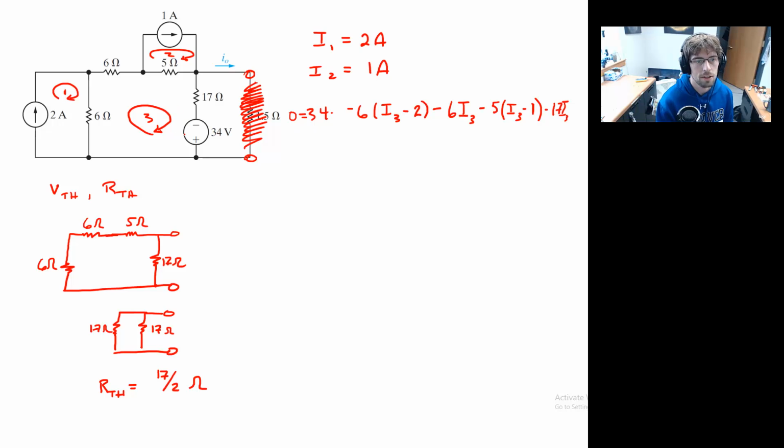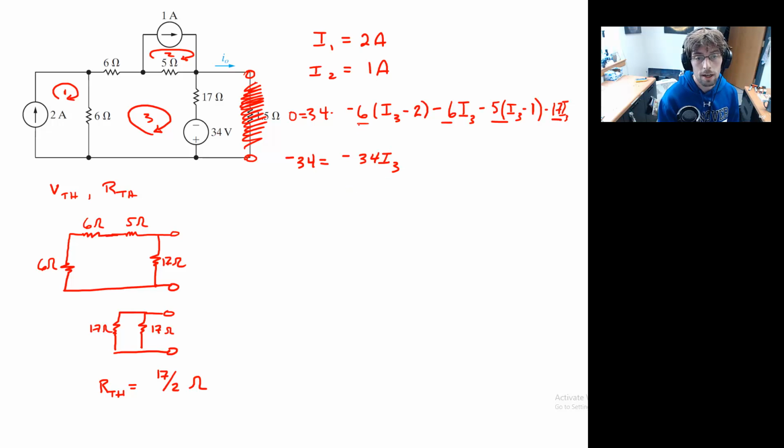Okay, so we'll double check this again. We have an I3 minus 2 amps, negative 6 I3. We have a negative 5 I3 minus 1 amp, a negative 17, and a plus 34. Okay, we got everything here. And so we have an expression that allows us to find the value of I3. I'll go ahead and move the 34 to the other side. So I have minus 34 equals, no matrix stuff even needed. So I've got minus 6, 12, 17, 34. So I have a negative 34 I3.